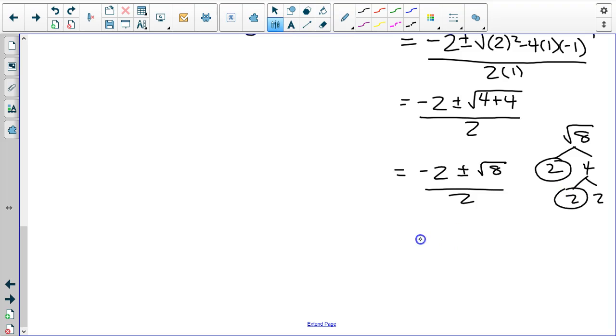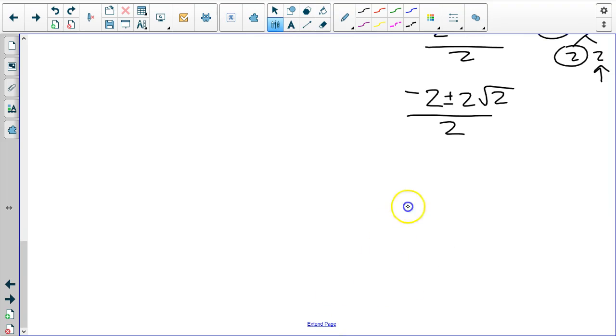So I get negative 2 plus or minus 2, and what's left under the radical is 2, whatever you didn't circle, all over 2. It reduces, since they're all even. So it's going to be negative 1 plus or minus the square root of 2.